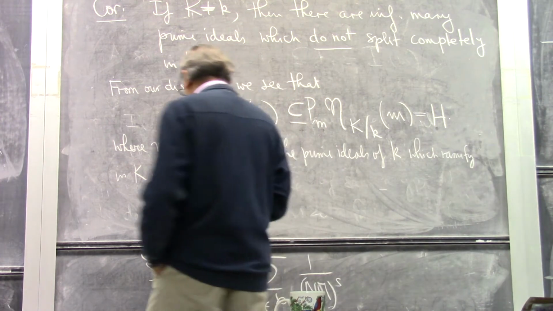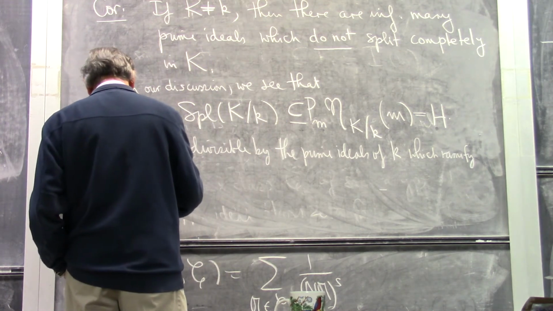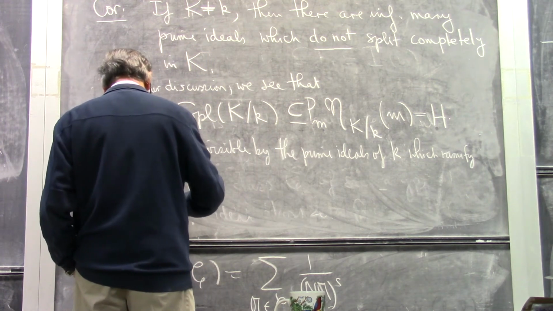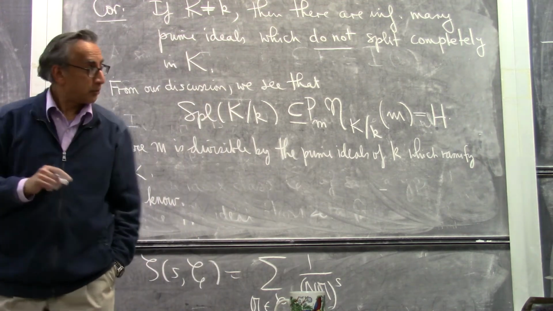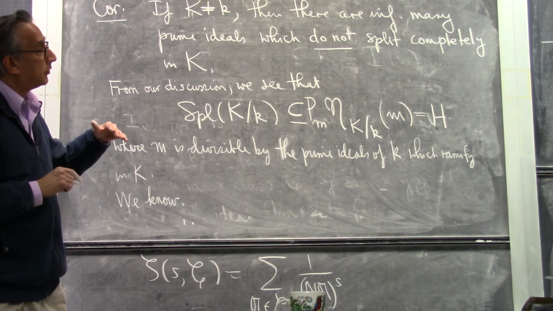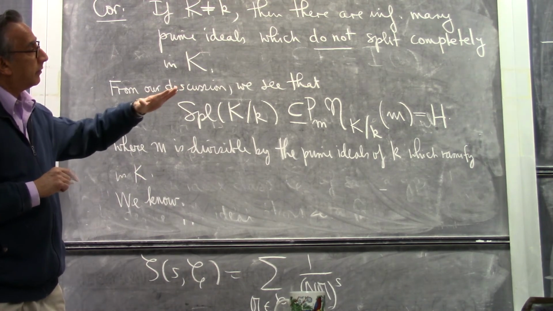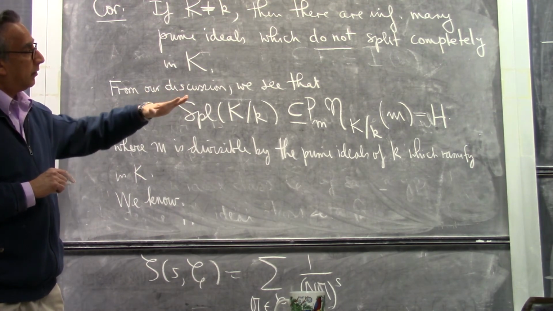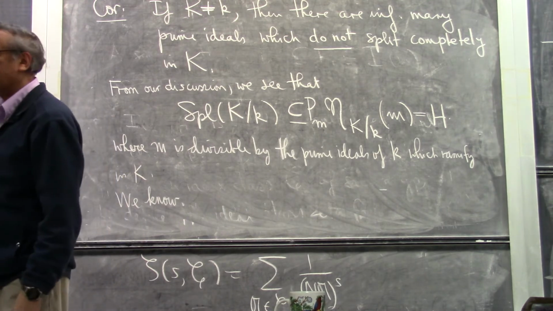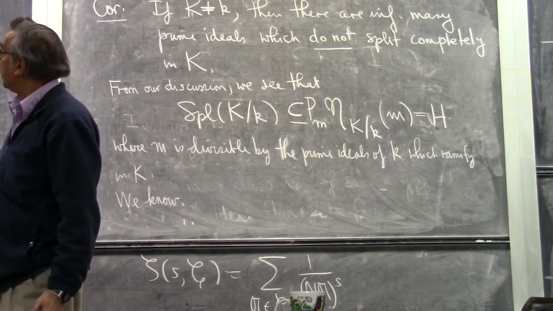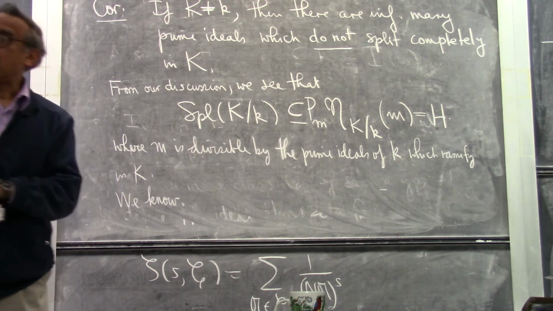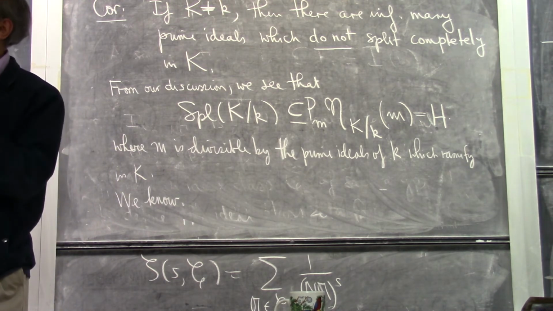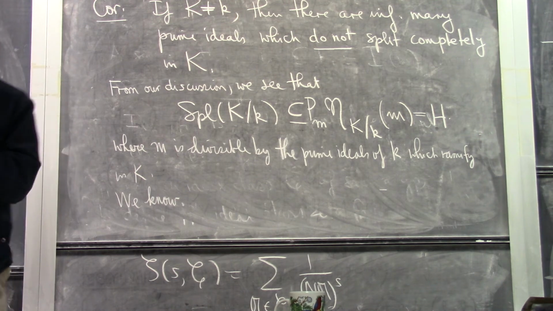Therefore, now we know, from Weber's work, or this comment that I made with respect to Landau's theorem, that L(1, chi) is not zero. Therefore, the density of prime ideals in any given ideal class is the expected density. It's 1 over the order of the generalized ideal class group.